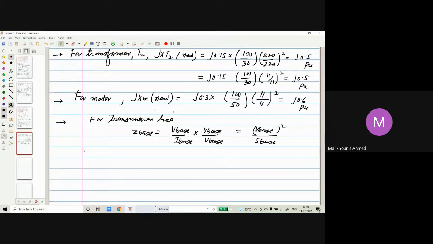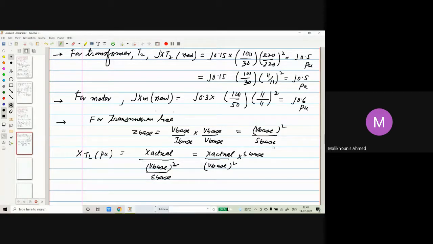Then XTL in per unit, that is the transmission line reactance in per unit, will be X actual divided by V base whole square divided by S base. If you simplify, that will be X actual divided by V base square, multiplied by S base.